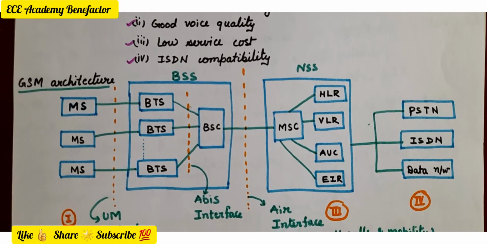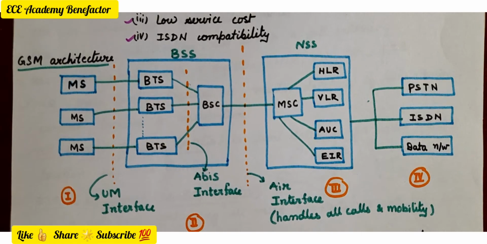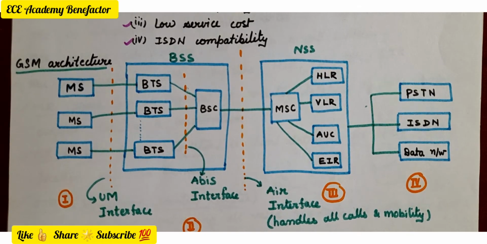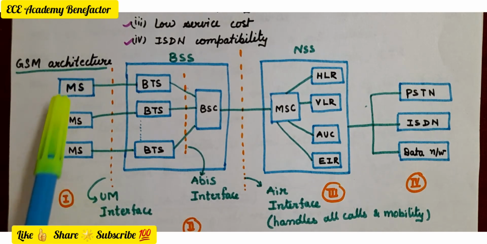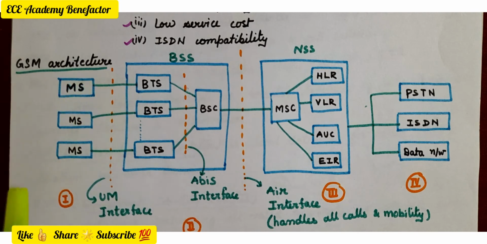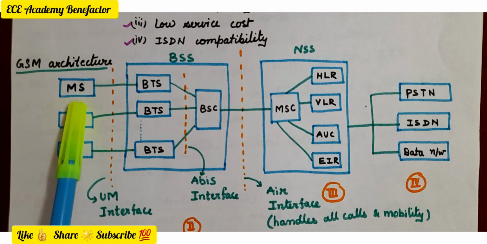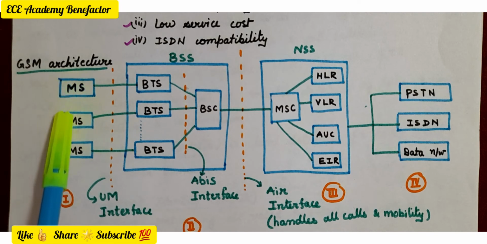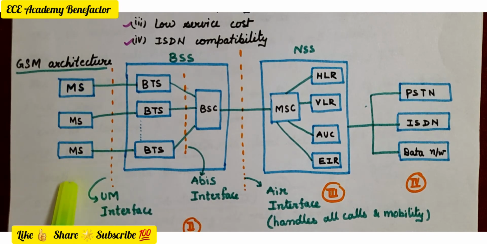Coming to the GSM architecture, it is divided into 4 parts. In the first part, the number of users are there. These users or subscribers we have denoted by MS, mobile station, that is, they are carrying one mobile unit, a mobile phone. In the first section all are users or subscribers, there can be n number of users here.